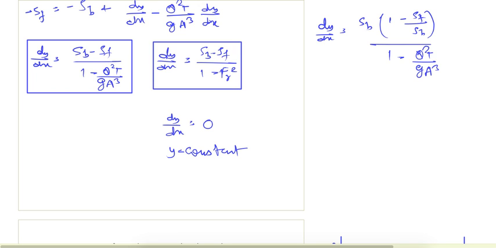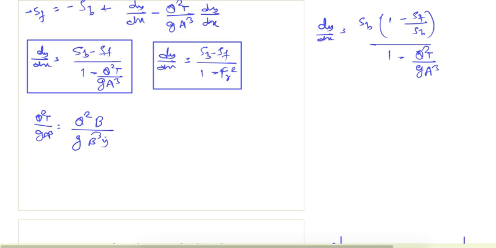And for Q square T by g A cube, for a wide rectangular channel, this will be equal to Q square, T will be the bed width b, and A cube is b cube y cube, and this we can write as Q square upon b square divided by g y cube.